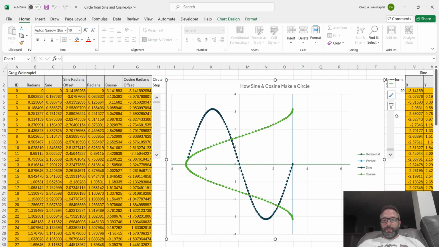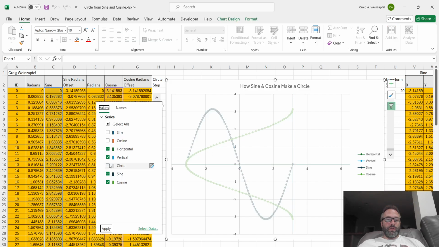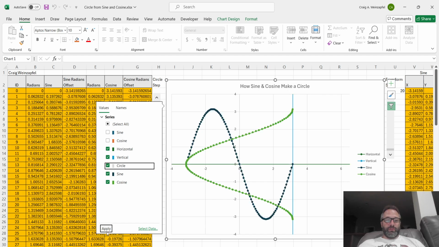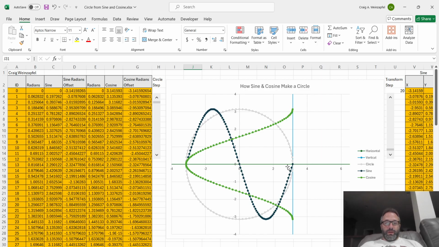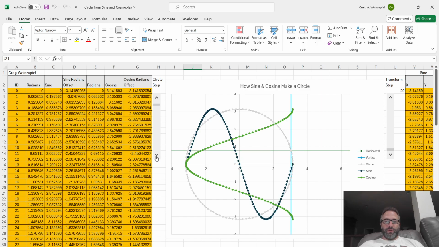So let's go ahead and turn on our circle. And those gray points there are the crosshairs, the vertical and horizontal crosshair point on our circle that's made up by using these x and y points off of each wave at each of the 1/100th of 2 pi radian steps. So look how we traverse all the way around that again.